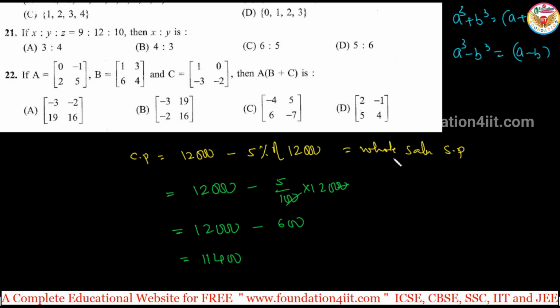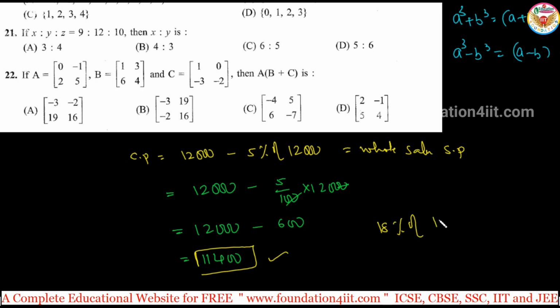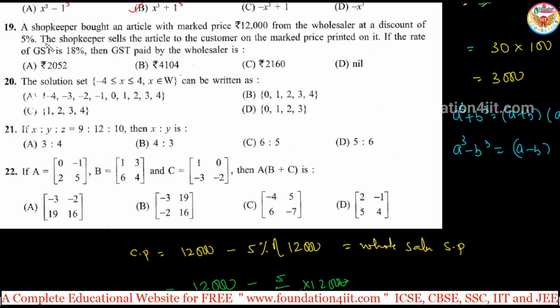So this is nothing but the wholesaler's selling price. On this we need to find out the tax. So 11,400. So now GST is 18% of this 11,400. So that's the main thing, because as per the question, the GST is paid by the wholesaler.